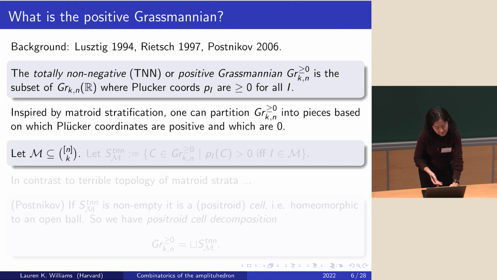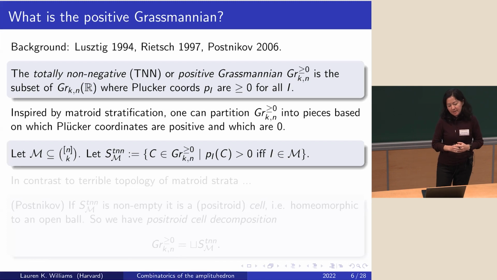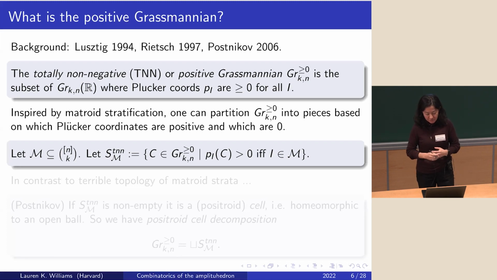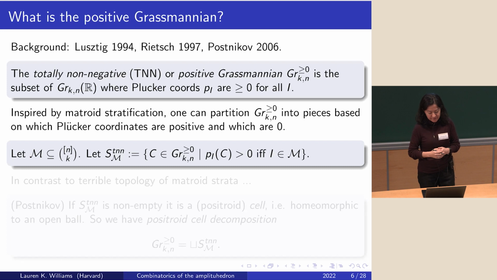So again, if M is a collection of k-element subsets of 1 through n, we can let S_M^tnn be the set of all elements in the positive Grassmannian where the Plücker coordinate p_I is strictly positive if and only if I belongs to the collection. And then of course the other Plücker coordinates must be 0.